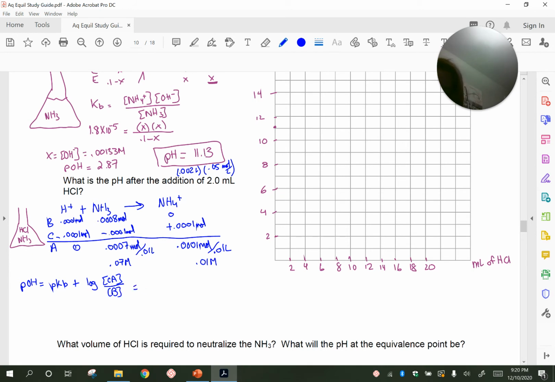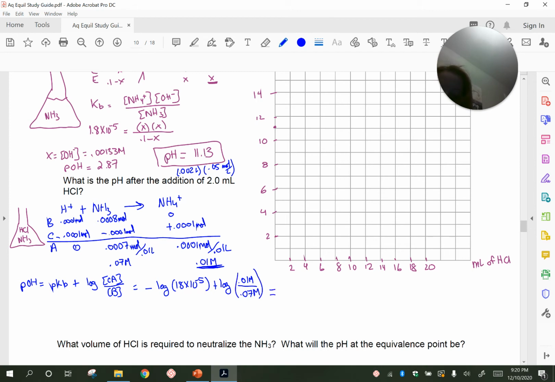So that is equal to, pKb means negative log of the Kb, which is negative log of 1.8 times 10 to the negative 5th, plus log of, my conjugate acid is my ammonium, which is 0.01 molar. My base is 0.07 molar, the ammonia.